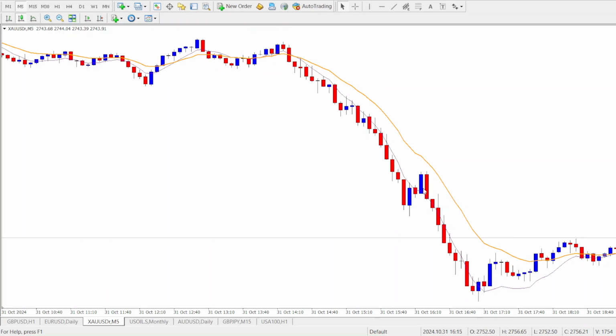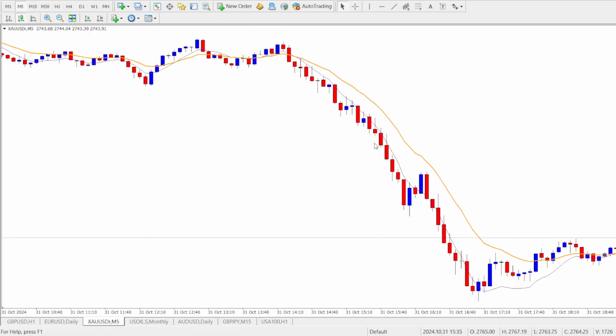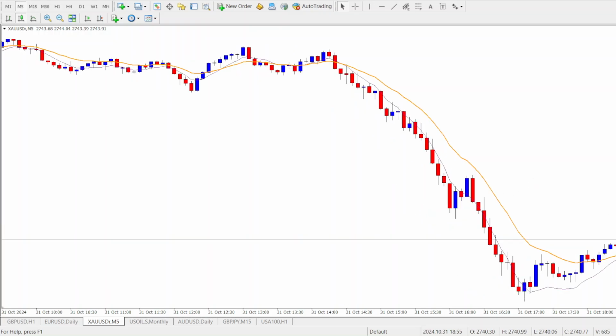Can we see how it is following price, how it is clinging to the candlesticks compared to the EMA? The DEMA gives more weight, a double impact, basically, than what the regular EMA will do.